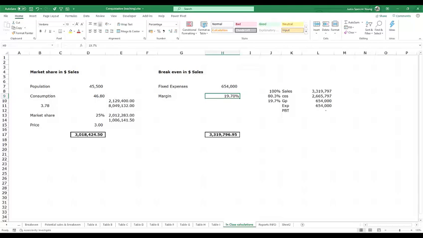So this is slightly elevated. It might be appropriate to say a more suitable profit margin here could be, say, 15%. And if that's the case, what's going to happen here is, wow, just a couple of percentage points. Look what that did to our break-even sales requirement.